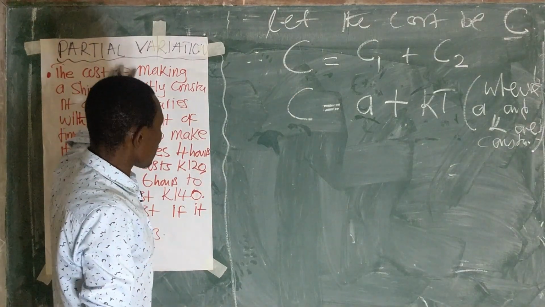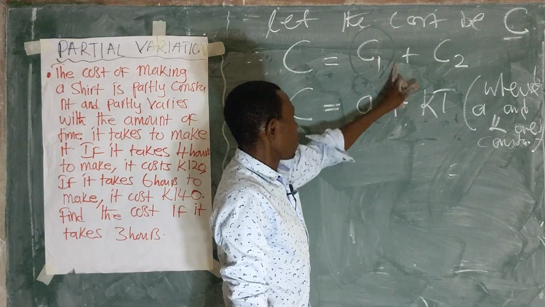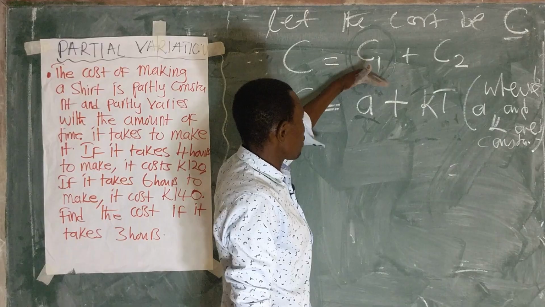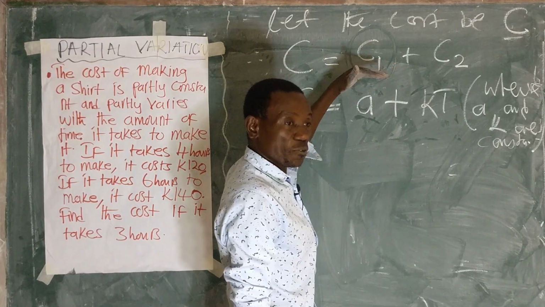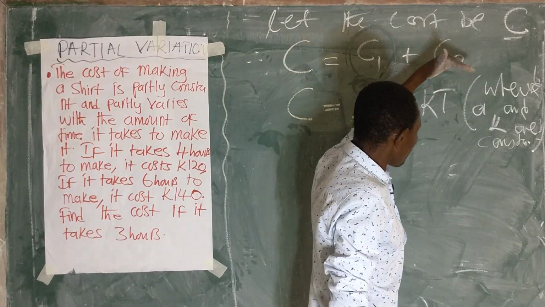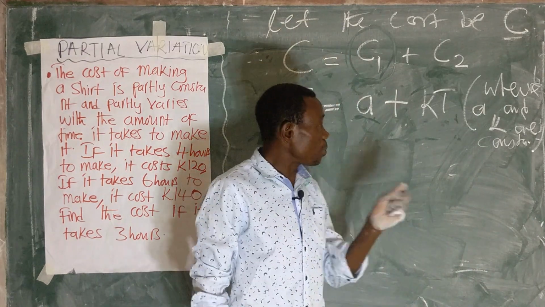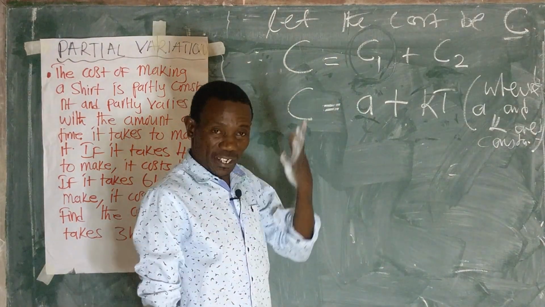Right, so I have to repeat a bit here. A cost C is coming from 2 parts. One is a constant amount. I've given a good example of this: it is just the amount of money every customer has to pay. It does not change. But this other one is an amount that depends on time. Time increases, it means the cost increases.